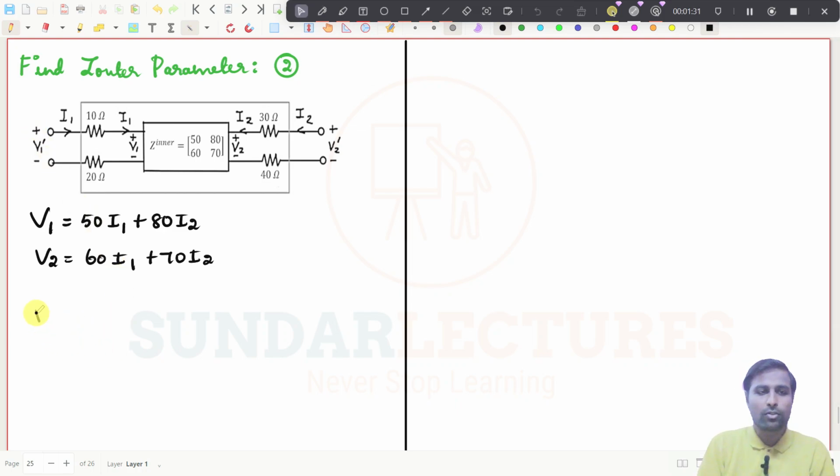Try to learn that. To write V1 dash, start from minus and come here. Here also the same I1 will flow, because this is a loop, so obviously the same I1 will flow and the same I2 will flow in this direction.